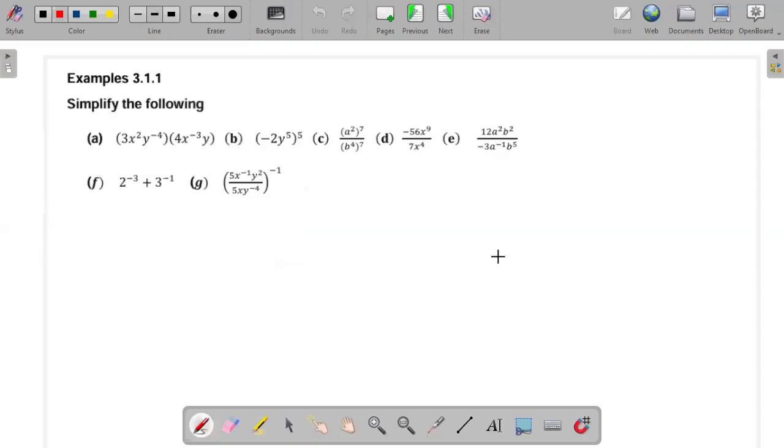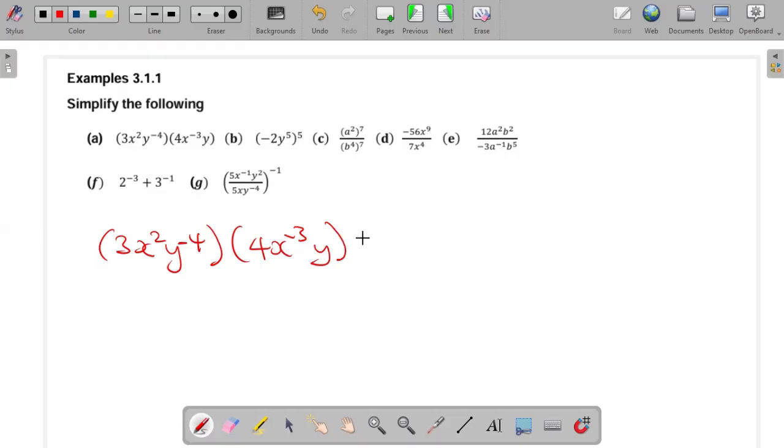Now let us look at the following examples and how we do this. They're telling us to simplify. The first one is 3x squared y to the negative 4, multiplying 4x to the negative 3 y.